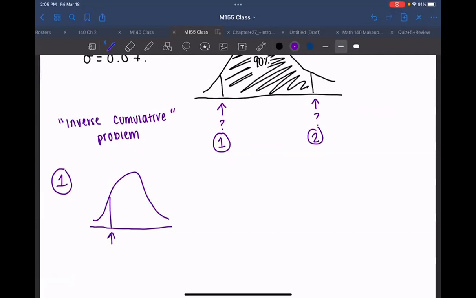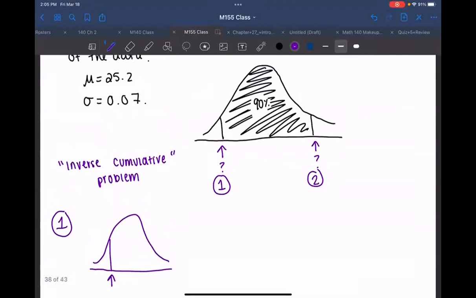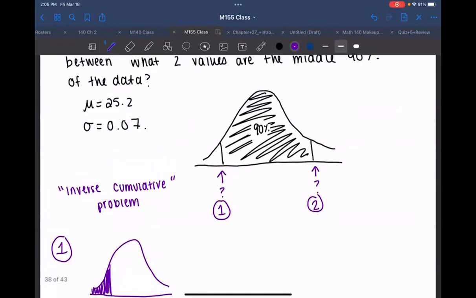I wonder if there's a way to find this probability here, because if I found that, then I could plug it into Minitab really well. Well, in the middle we have 90%. I'm going to ask you a question.